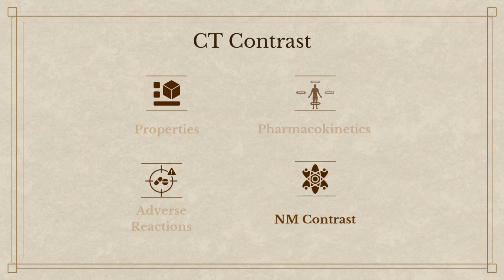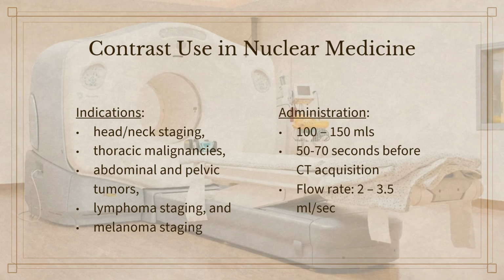And finally, now we'll talk about how contrast media is used in nuclear medicine. IV contrast plays an important role in enhancing diagnostic capabilities of nuclear medicine hybrid imaging, mostly being used in PET-CT imaging.